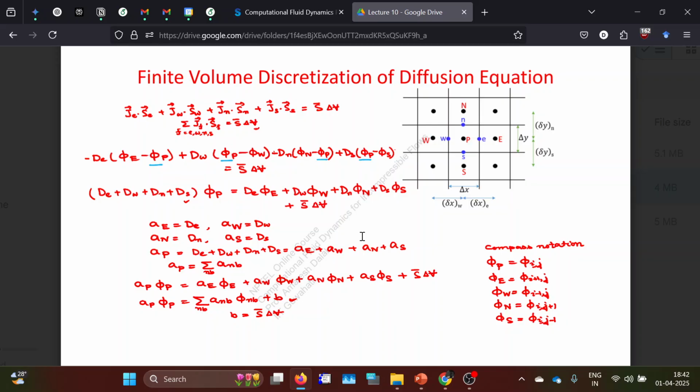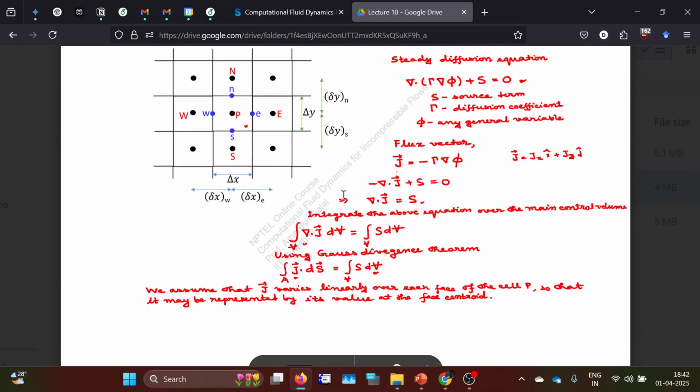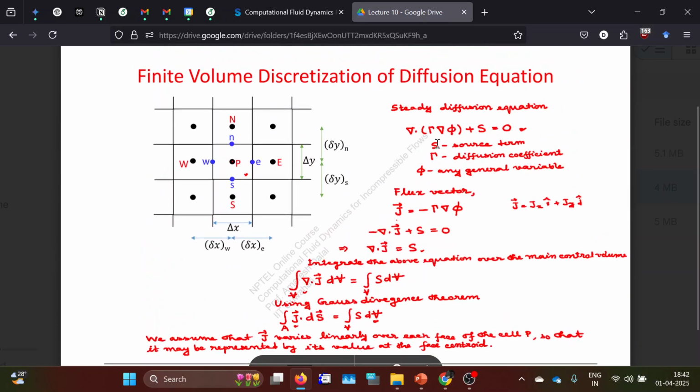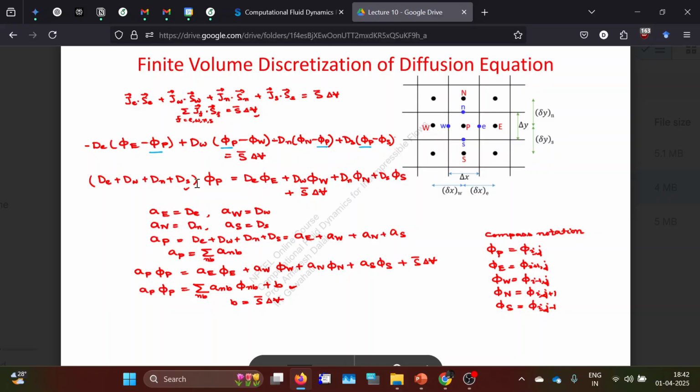So this one is a diffusion problem, and if I remember correctly, this is steady diffusion, right? Yeah. So this is a steady diffusion problem. So this has only a few terms, and that's why the relation between aE and dE is so obvious that they are just equal to one another.